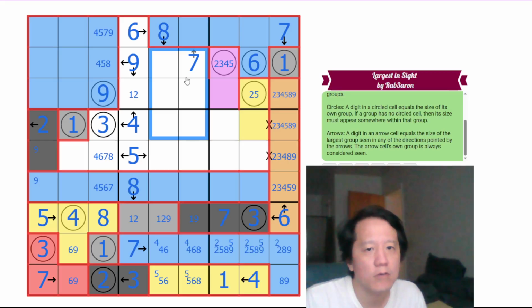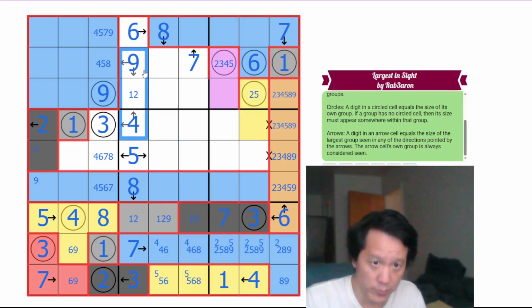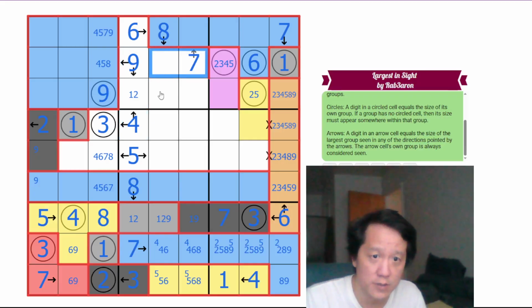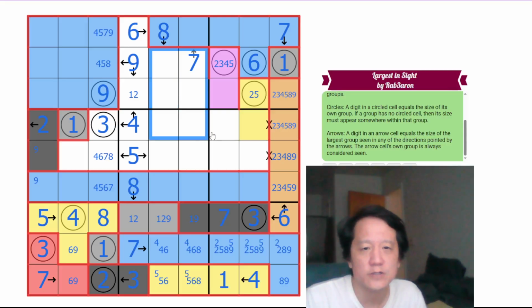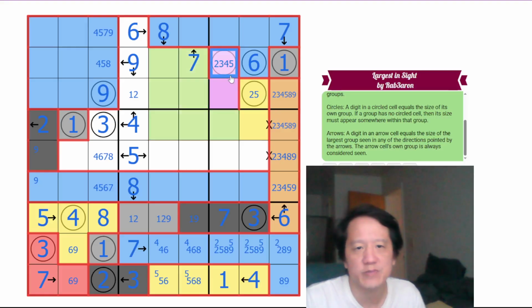It can't be part of these 2. It cannot cross here, because then it would be seen by these. It can't cross here, because then it would be seen by that. So then this is its boundary. So this is 7 that way, which makes this a 2.